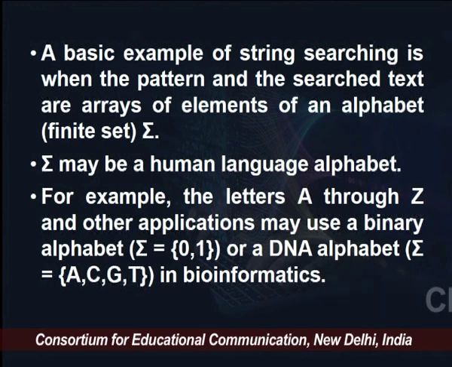Other applications may use a binary alphabet, which is 0 and 1. For example, we have a series of operations or anything else comprising 0 and 1, and we are looking for a particular string in that. That is also a possibility when we talk about string searching.